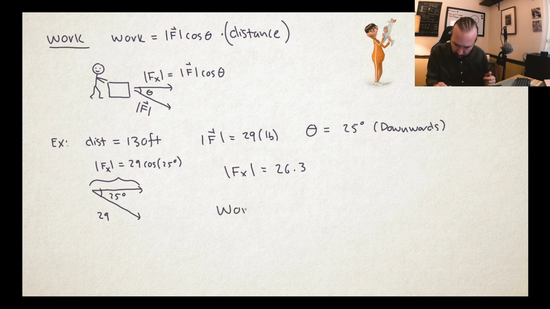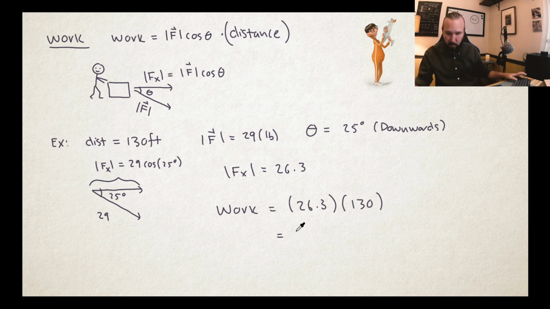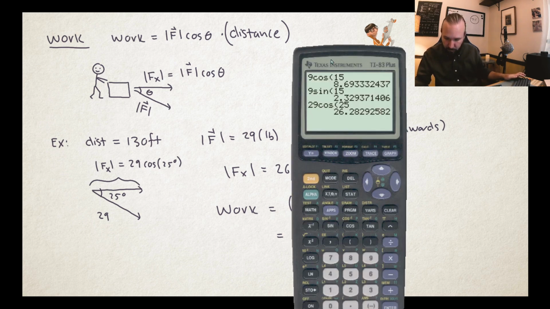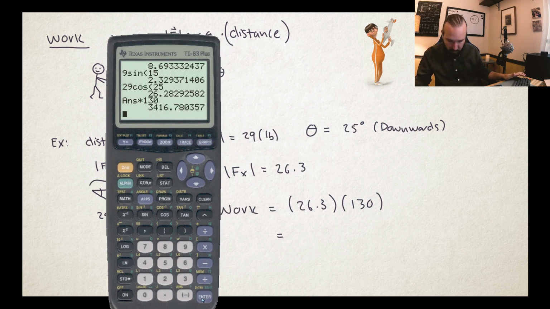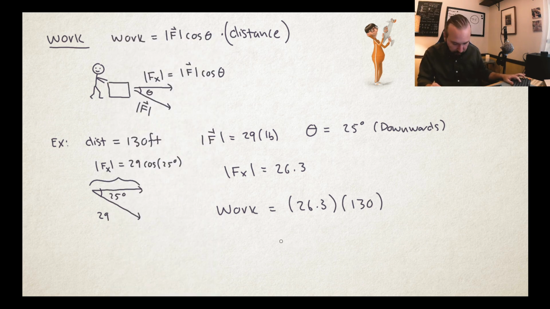So the work is going to be the actual force, 26.3, multiplied by the distance that you have to push it. That's 130 feet. So what do you get? 26.3 times 130. So you're getting 3,400. So this is approximately 3,400.